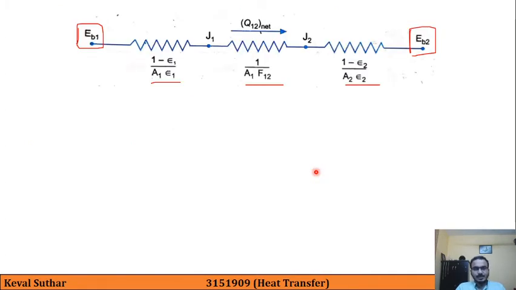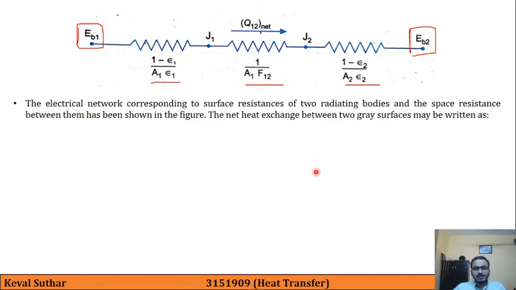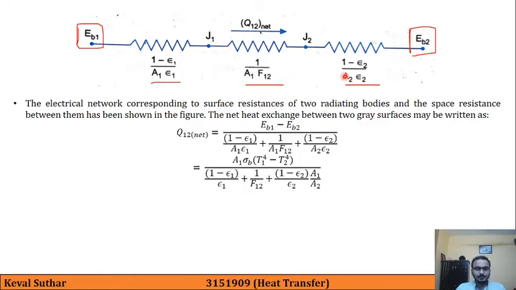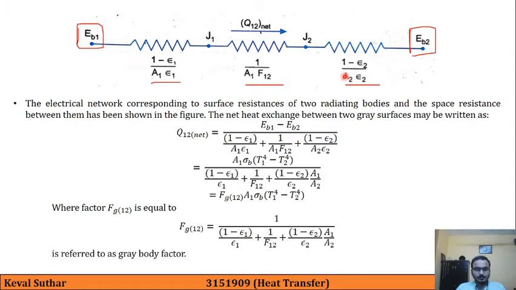We took another case here in which the surface resistances of two radiating bodies and surface resistance between them has been considered. So there will be a summation of these three resistances, and with this we defined the gray body factor.